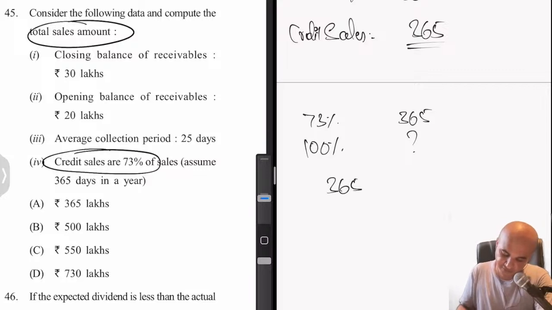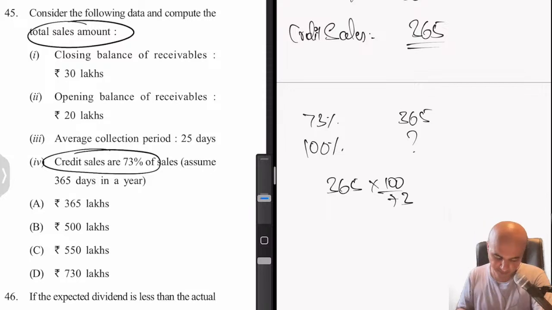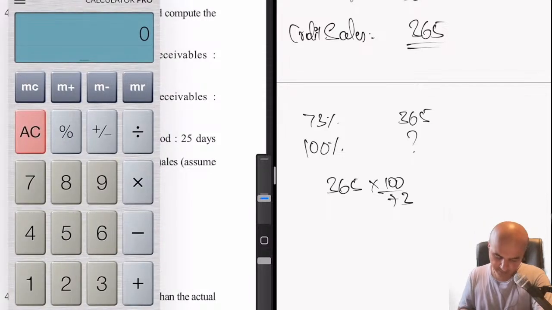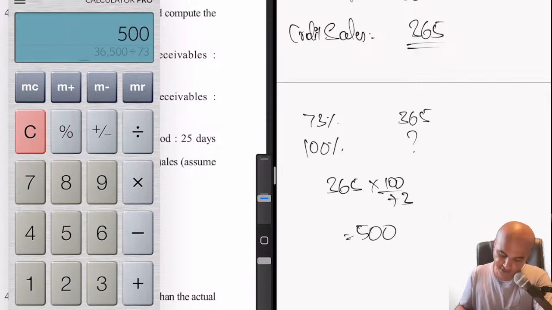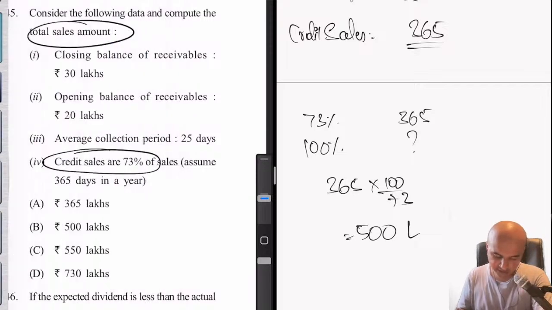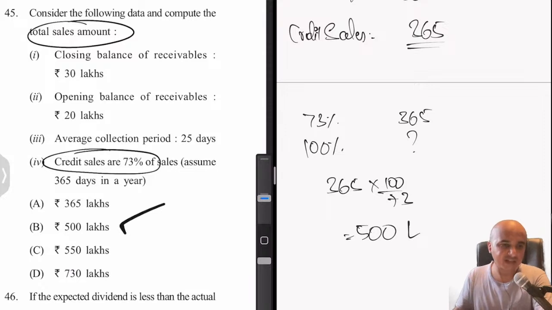So 365 into 100 by 73 will give you the actual data. That is 365 divided by 73, which is nothing but 500 lakhs. That is what is asked, total sales. So option B is in fact the right answer. I hope it makes sense. If you have any doubts, please do ask. Next.